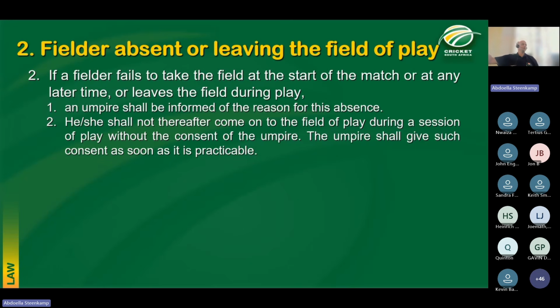She'll now go off to the dressing room. There's a physio. The physio will then give some treatment. So importantly, before Cindy comes back after receiving treatment from the physio, before Cindy's allowed to come back onto the field of play, Cindy needs the consent of the umpires before she can come back. So the umpires need to give her permission.